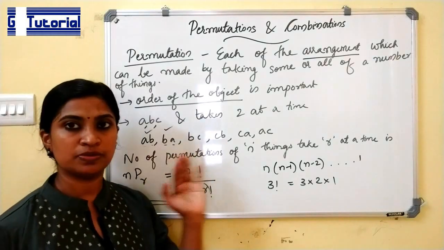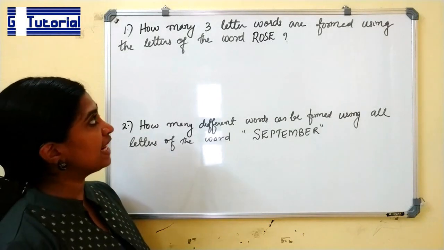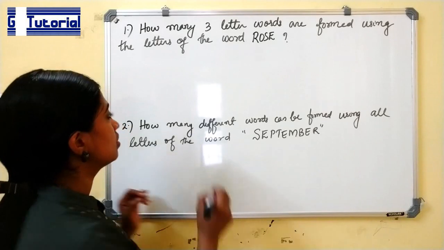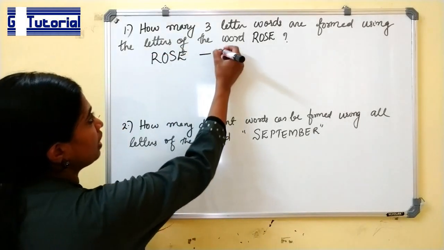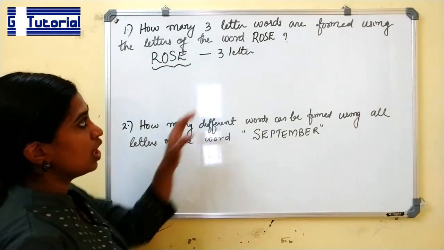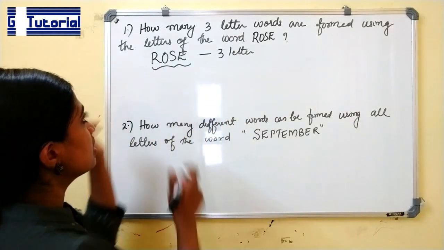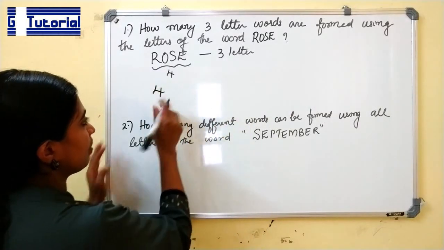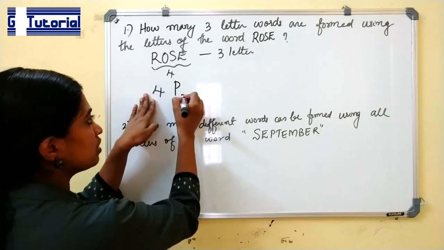Now we can do some problems from permutations. This is the first question. How many 3-letter words are formed using the letters of the word rose? Rose is a 4-letter word. We have to form 3-letter words using these 4 letters. So from the 4 letters we are choosing 3 letters.